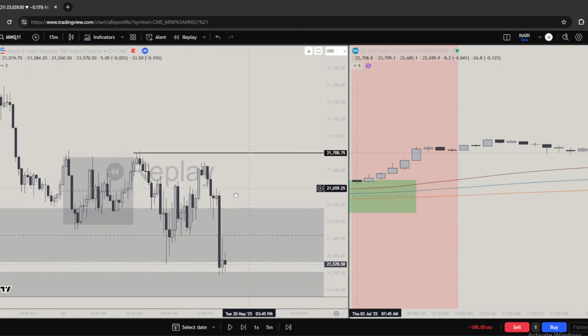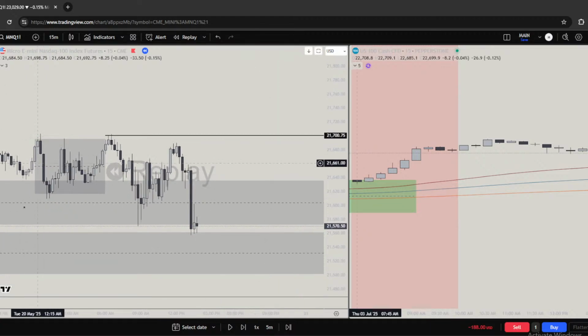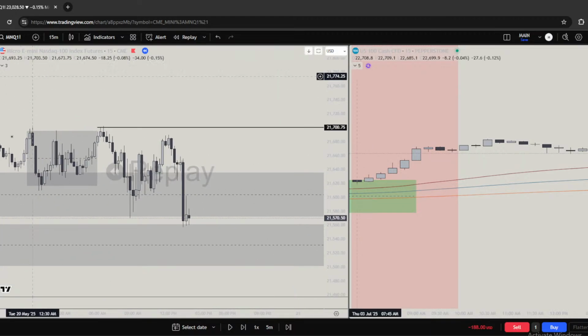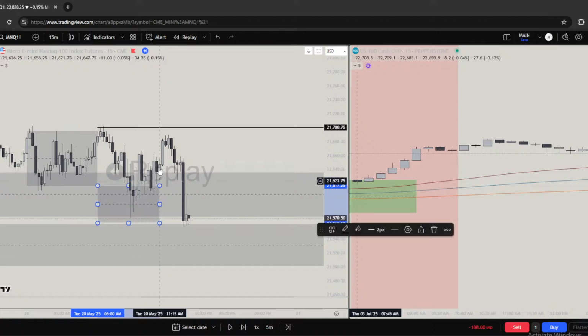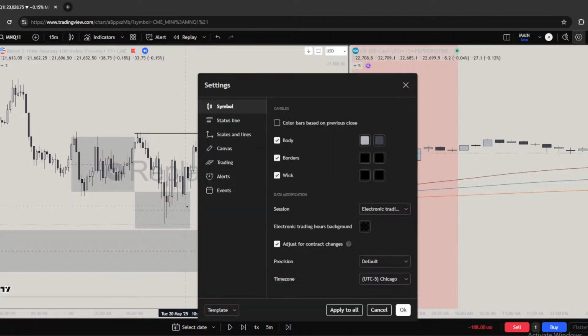Okay. This is what I was looking at here. I was looking at this accumulation zone, this manipulation zone, at this low side right here. Then I want price to distribute back higher. Just run that fib and see where our zones were.